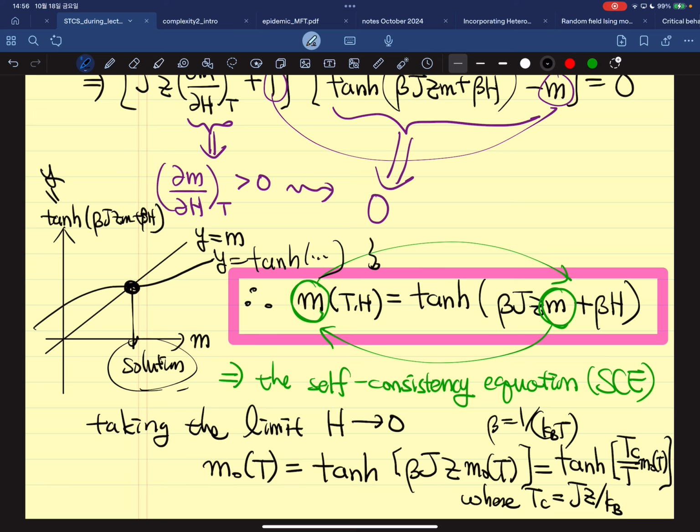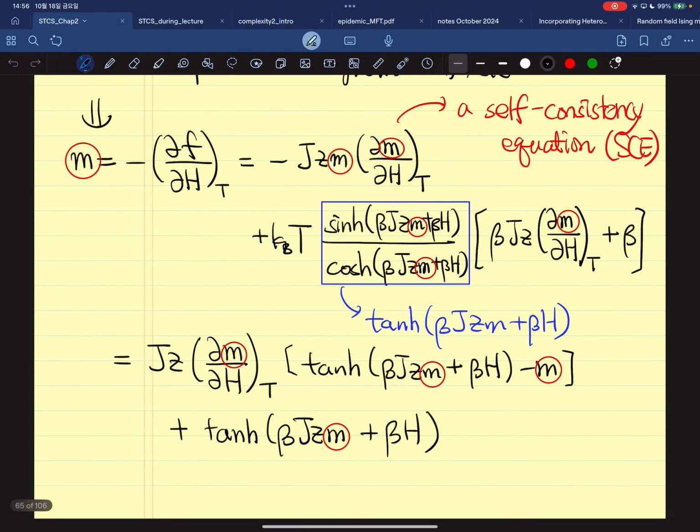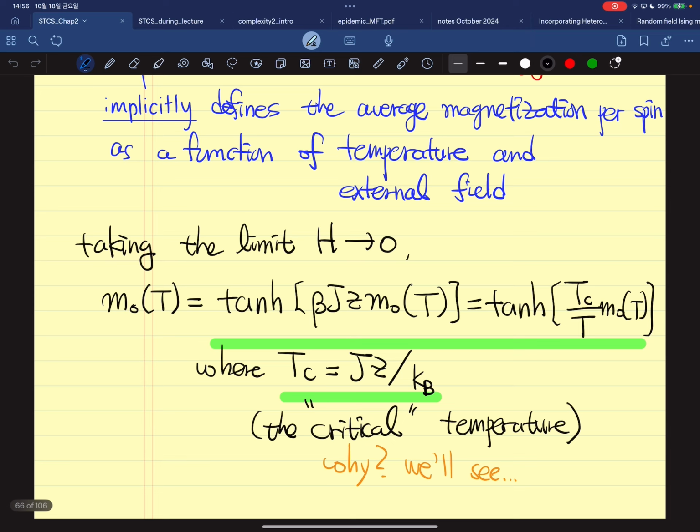This argument would be very similar to the case of a non-interacting spin, where we went deeply into the functional form of hyperbolic tangent. If we take the limit of a zero external field, the absence of the external field, we have to solve this self-consistency equation.